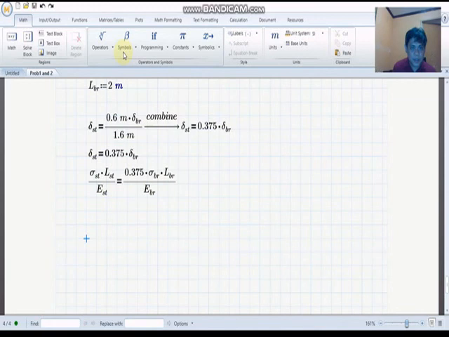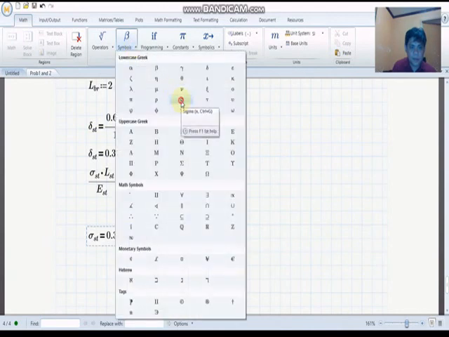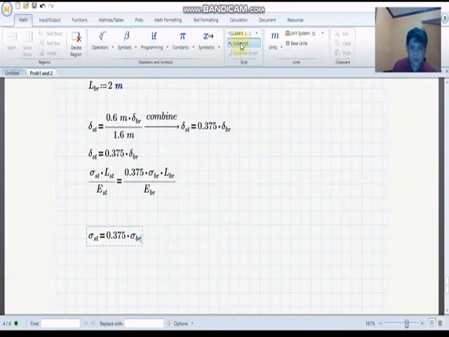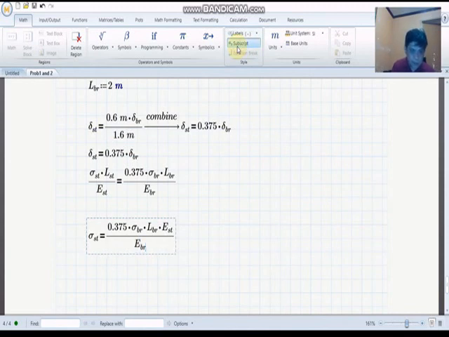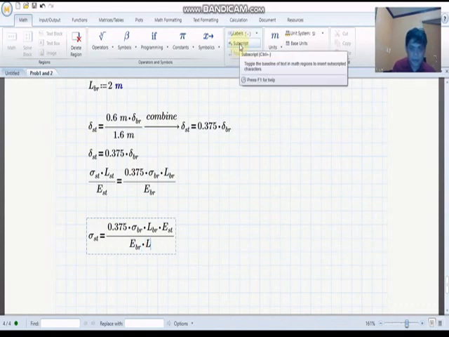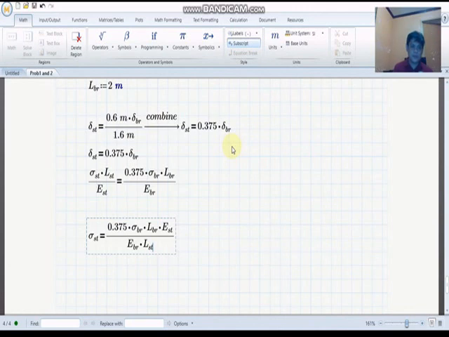So we have now the stress for steel is now equals to 0.375 times stress in the bronze times length of the bronze times the modulus of elasticity for steel divided by the modulus of elasticity of the bronze and the length of the steel.